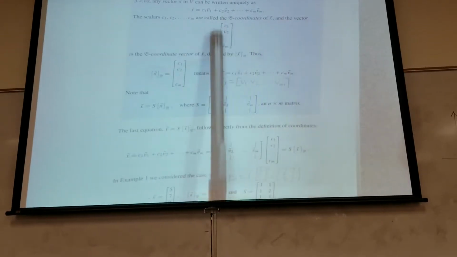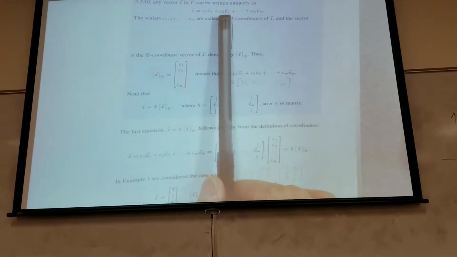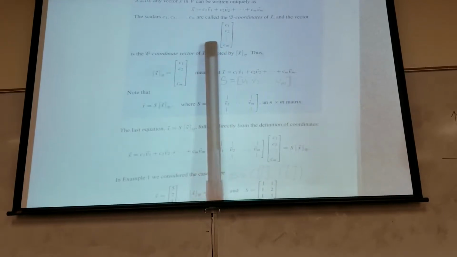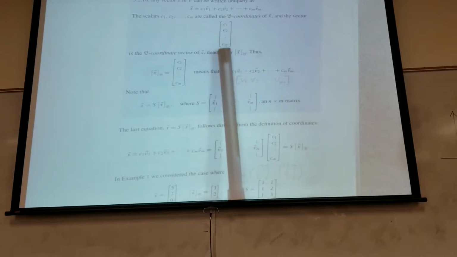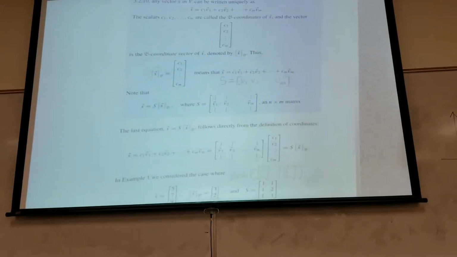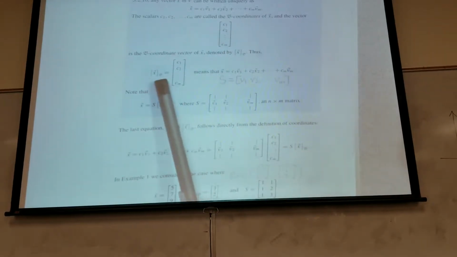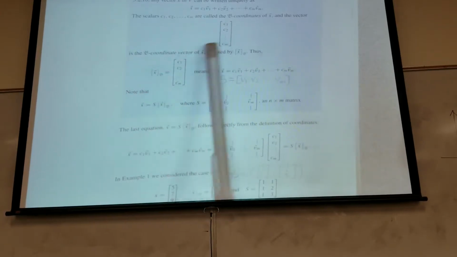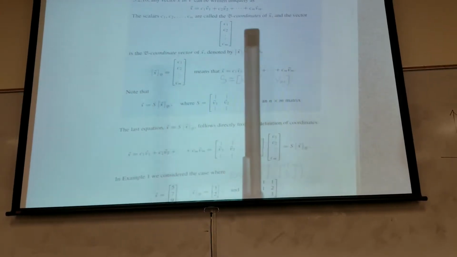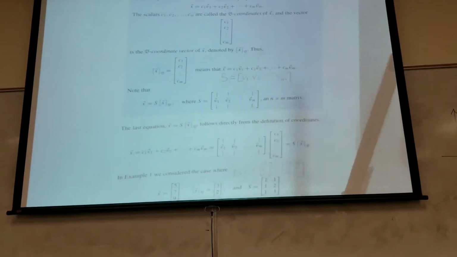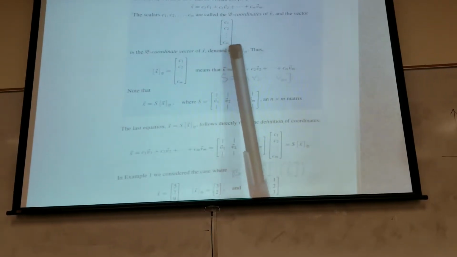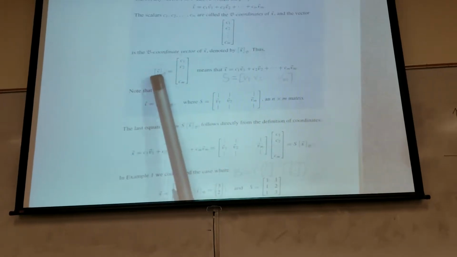Then you just turn around and write them in a column vector, right? Use them as the components to form this column vector. And then we have a fancy notation for it, right? The name is the B coordinate vector of x. Okay?